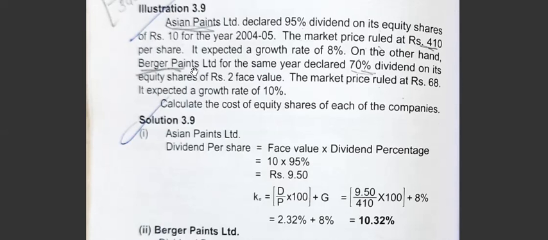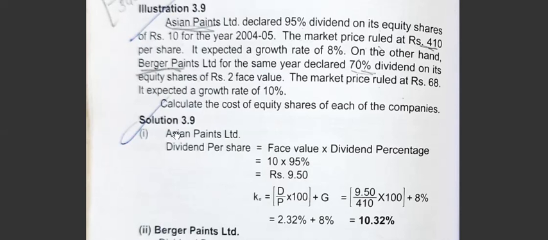On the other hand, Berger Paints Limited declared 70% dividend on its equity shares of face value 2 rupees, market price 68, growth 10%. Now we have to calculate the cost of equity of Asian Paints Limited and Berger Paints Limited.